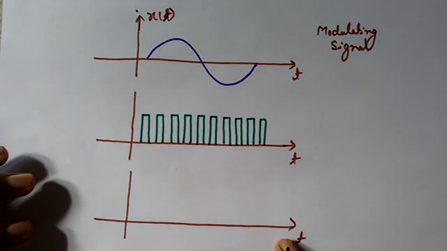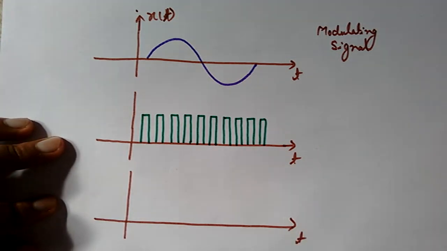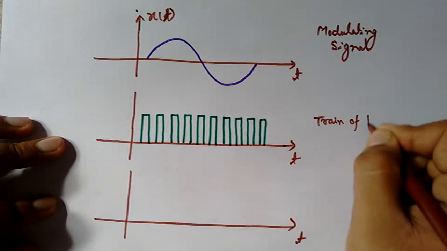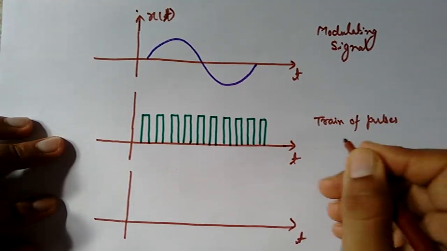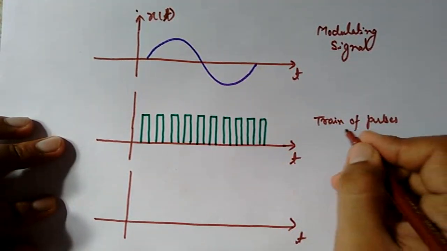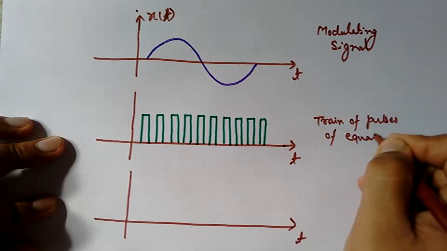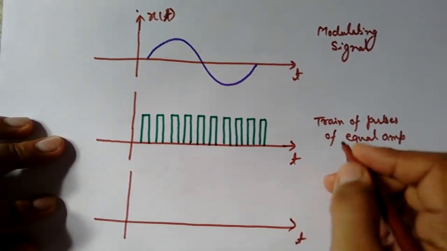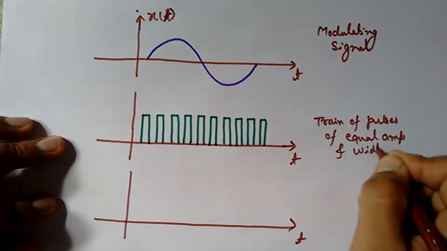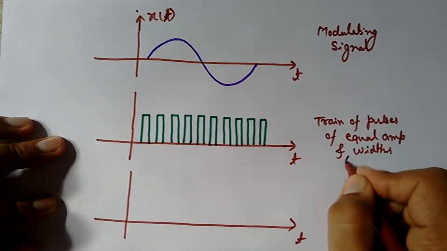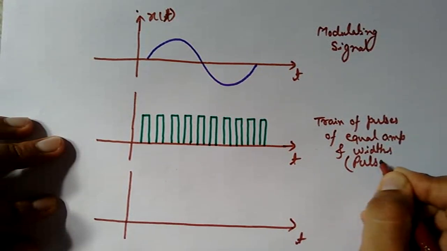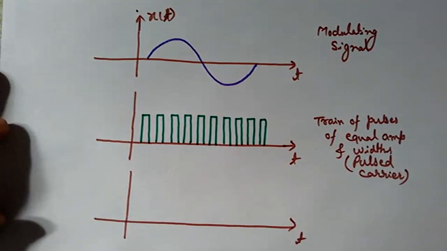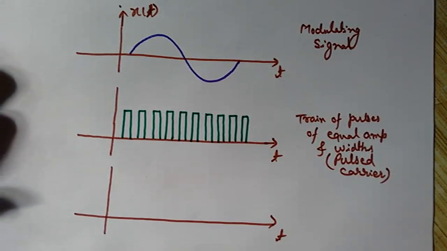So it is a train of pulses of equal amplitude and widths. It is nothing but the pulsed carrier wave.